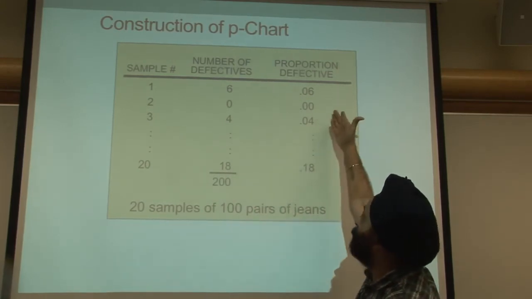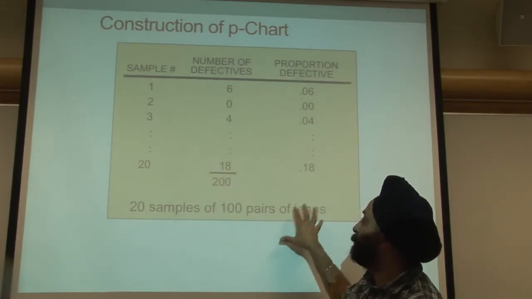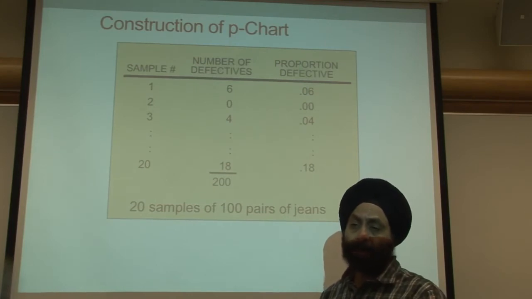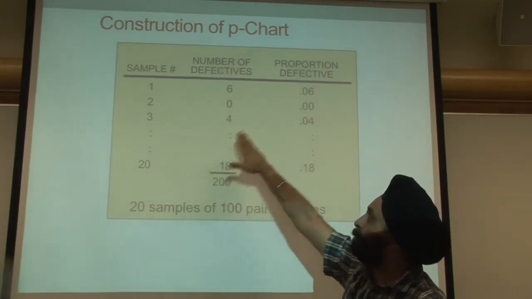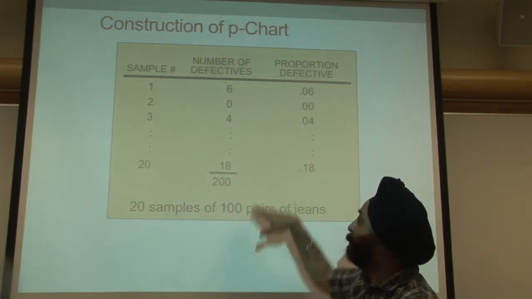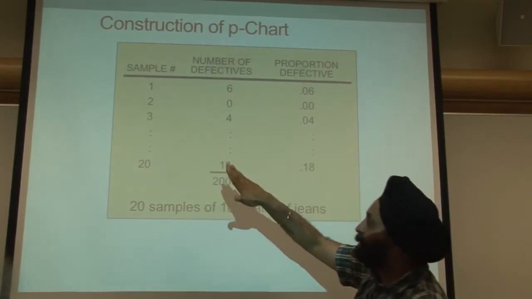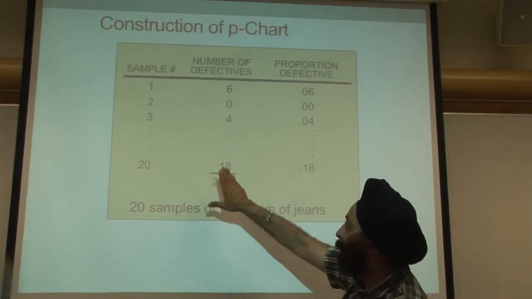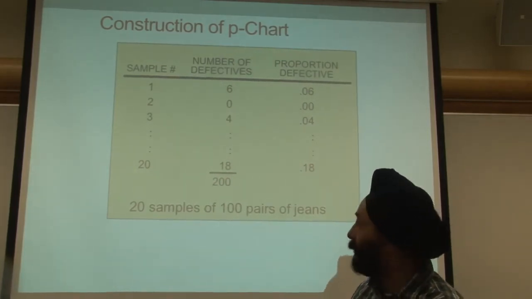That's 6% defective. In the second sample, all 100 pairs of jeans were considered saleable, so 0 defective, that's 0%. In the third one, 4 pairs of jeans were found defective out of 100, that's 4%. Similarly, you calculate all the way to the 20th sample of 100 pairs of jeans. Out of these, 18 pairs were defective, that's 18%.